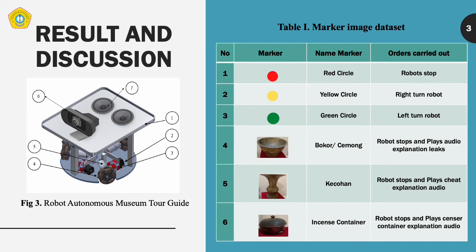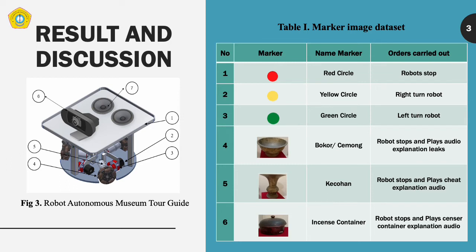Number 3, OmniWheel sensor. This wheel is used to drive the rotary encoder sensor, so the movement of this wheel follows every robot movement. Number 4 is the OmniWheel. Number 5 is the OmniWheel motor. Number 6, camera. And number 7, audio speaker.